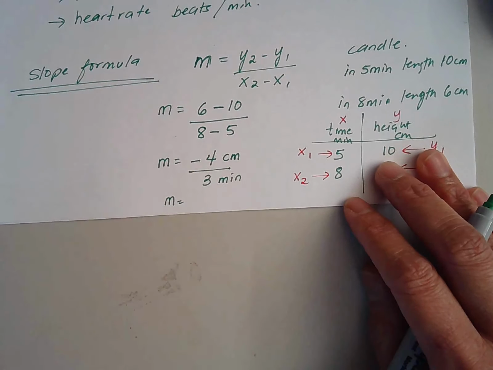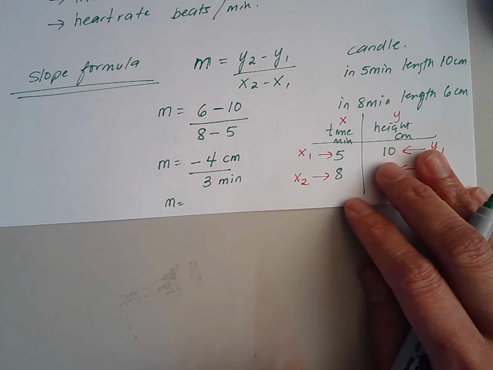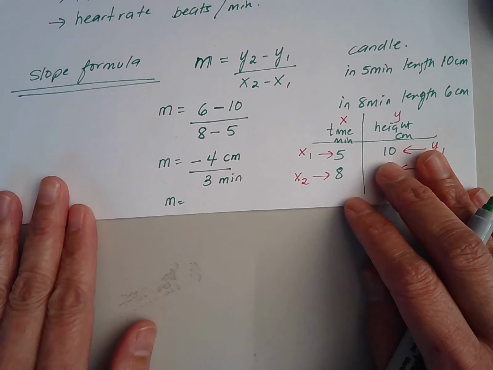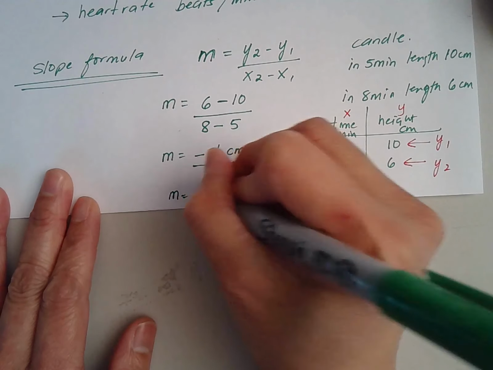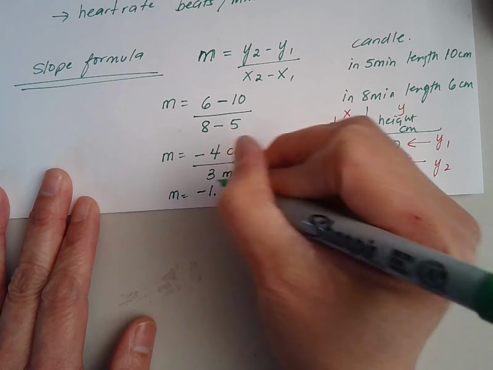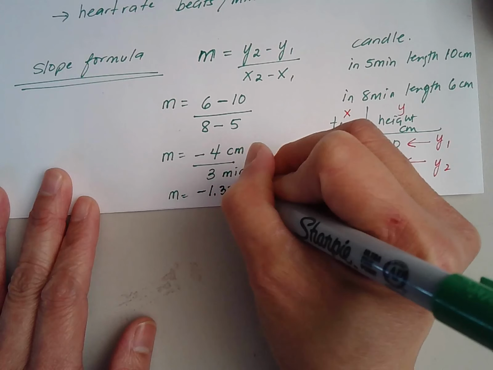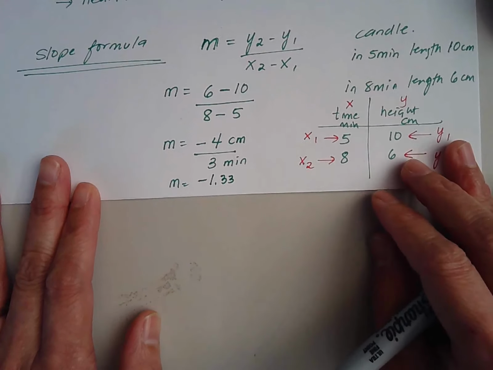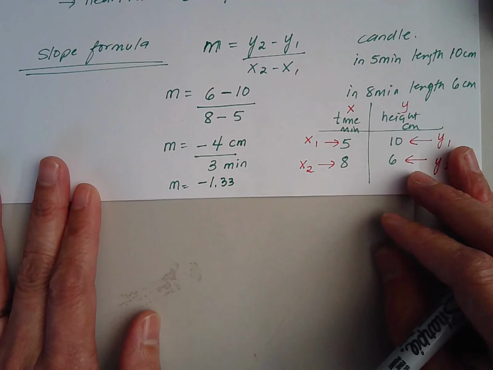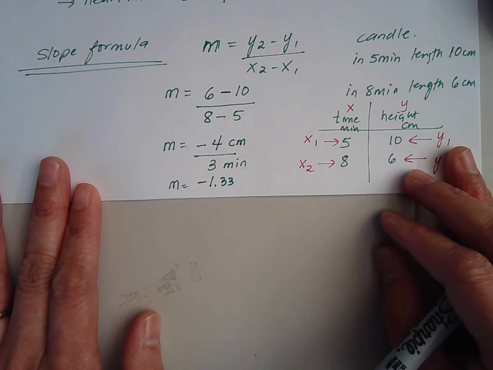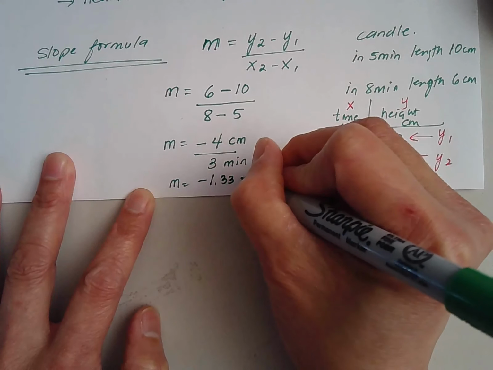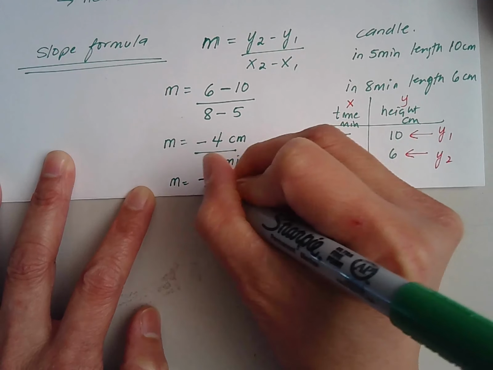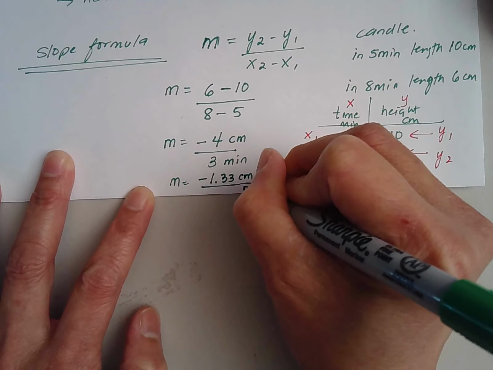What would this be? Do this on your calculator: -4 divided by 3. Negative 1.33333333. Yes. Okay. Negative 1.33333. And what's the unit? Centimeters per minute.